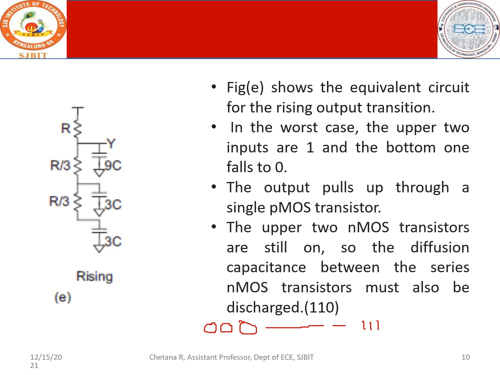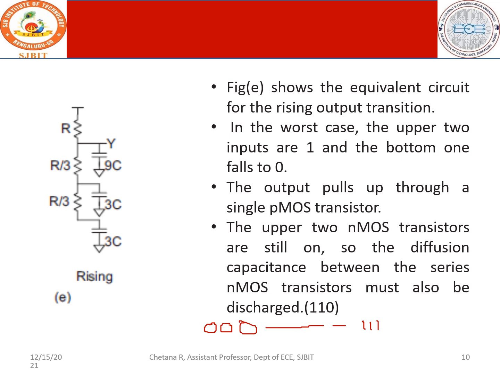So in the rising edge situation, the inputs are considered to be 1, 1, 0. When it is 1, 1, 0, obviously the upper 2 PMOS transistors are off and only the bottom one is on. You have all the inputs of the NMOS on, 2 inputs of PMOS off, and only one PMOS worth representing here.